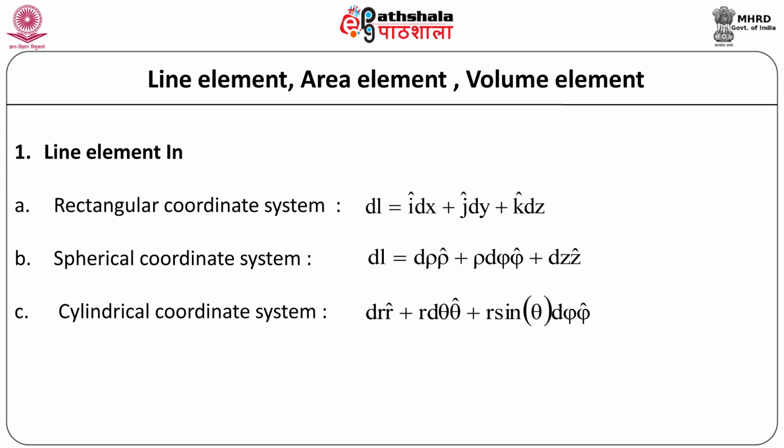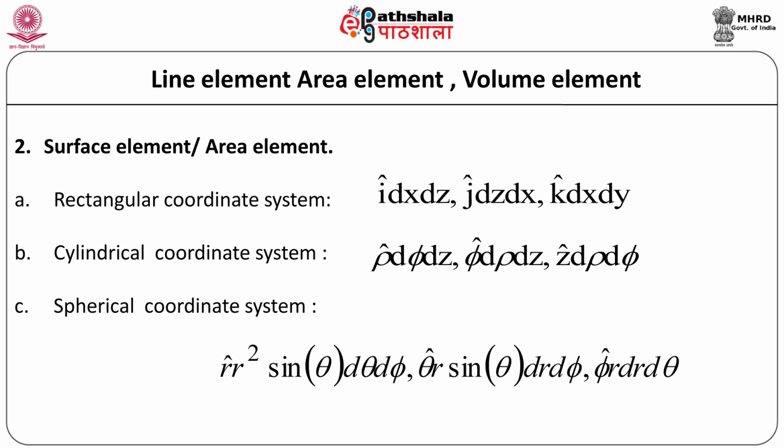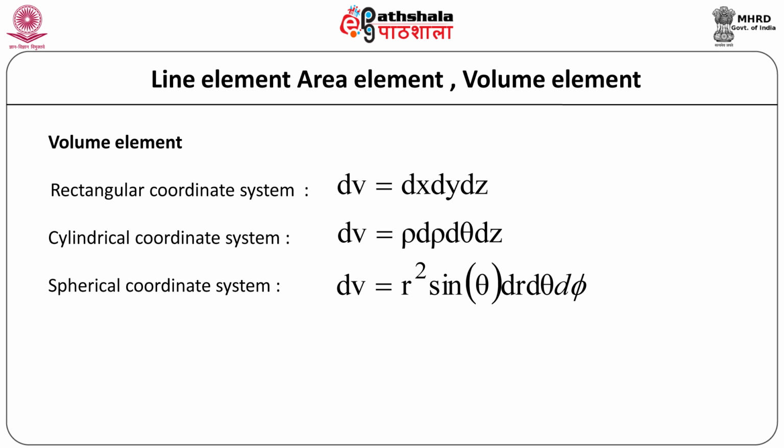The line elements are as shown. Note the unit vectors indicating the direction of line and area element in each system. Volume elements are scalars while the other two are vectors.